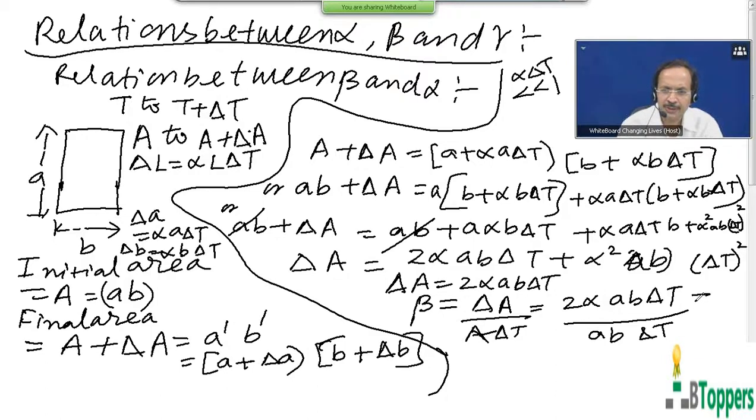So you get beta to be nearly equal to 2 alpha. That means the coefficient of areal expansion of a solid will be nearly equal to 2 times the coefficient of linear expansion of the solid. Next, I am going to derive the relationship between gamma and alpha.